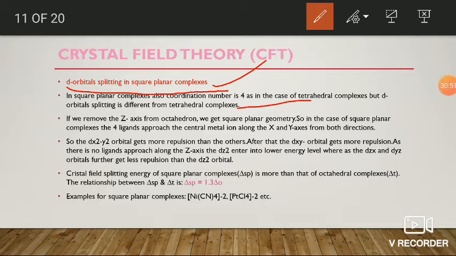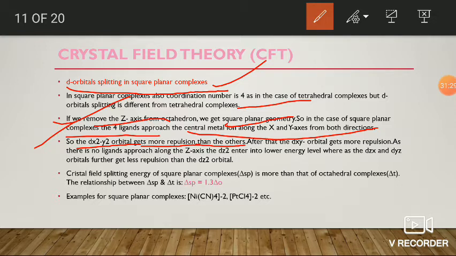There are no ligands along the z axis. So all four ligands approach the central metal ion along the xy axes, from both directions, that is, positive and negative ends. Due to this approach of ligands along the xy axes, the dx square minus y square orbital, which is located along the xy axes, gets more repulsion than the others.